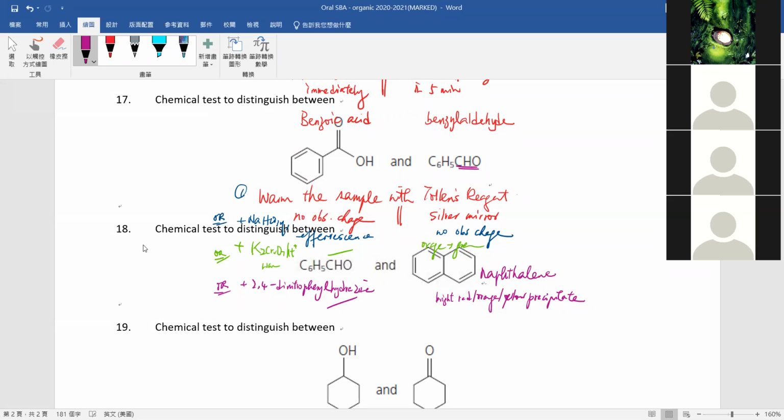Naphthalene is a type of aromatic compound, okay, with a poly ring. We call it polycyclic aromatic compound. Polycyclic.